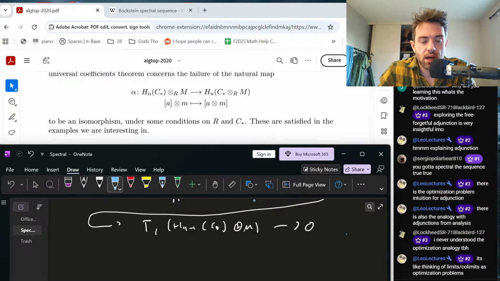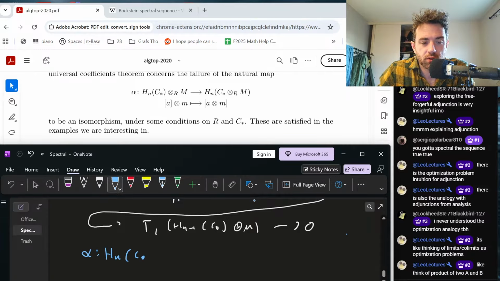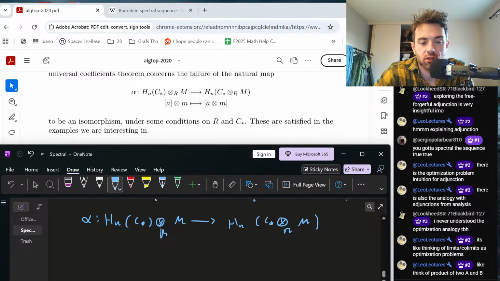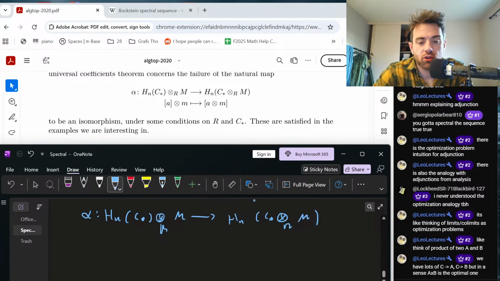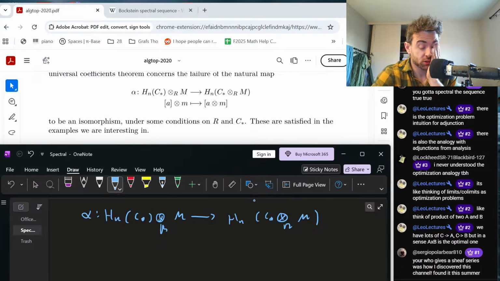Right. Okay. So the map in question, though, we're thinking about the map from homology between these things. Right. So, right, if M itself was, well, okay.